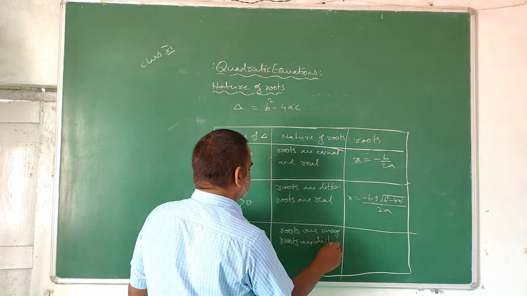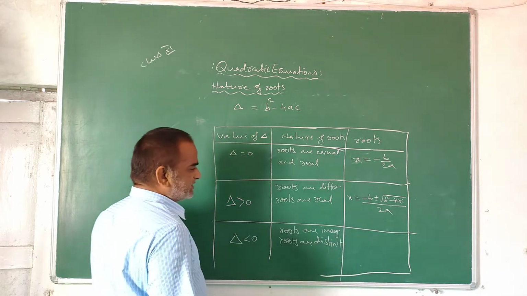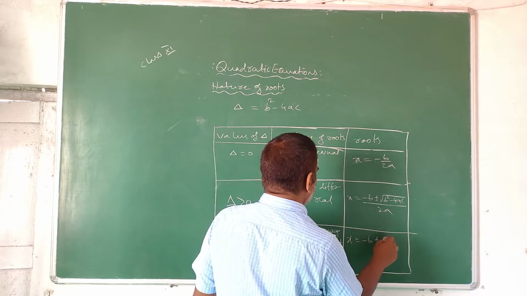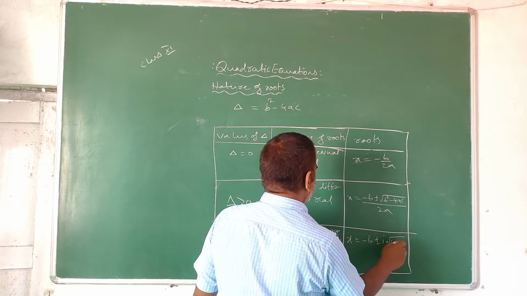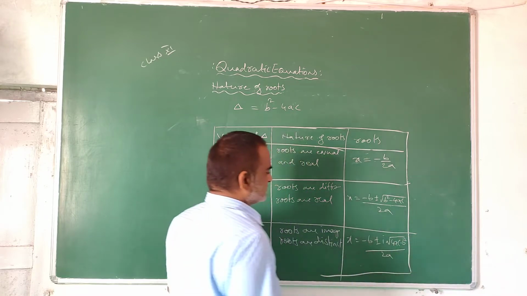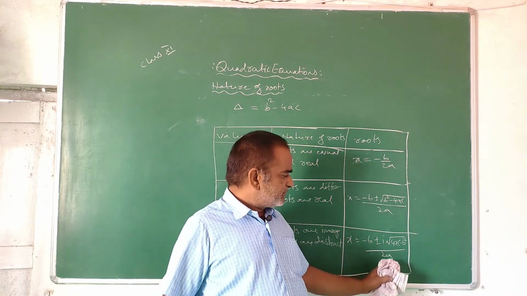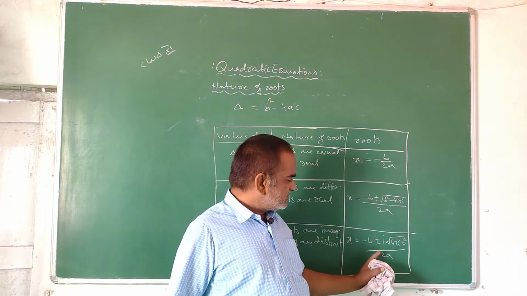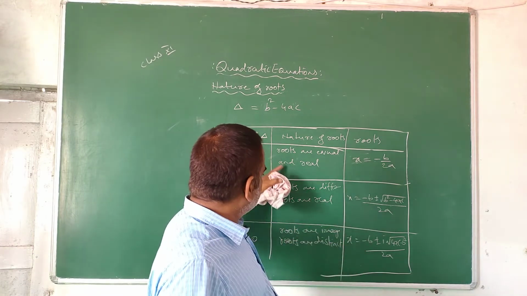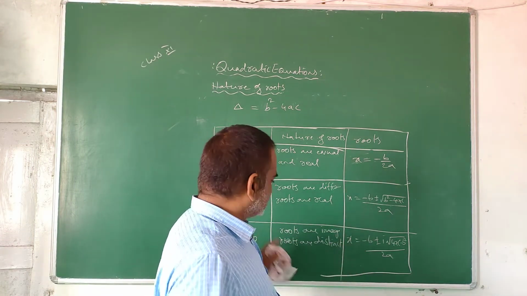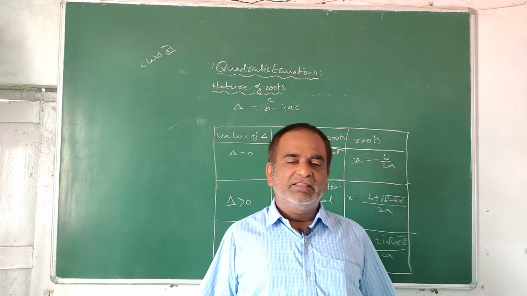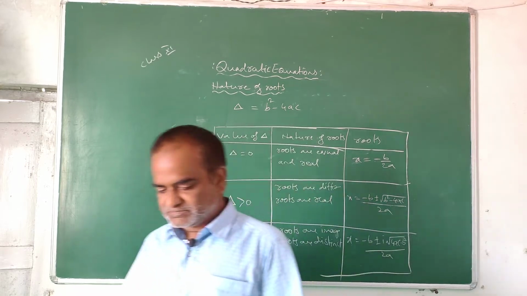Imaginary and distinct. Distinct means different. And those roots are minus b plus or minus i into root over 4ac minus b square by 2a. Right? So, these are the roots in different cases, and this is the nature in various cases. If you have an idea of this table, it is a little bit of benefit for you.